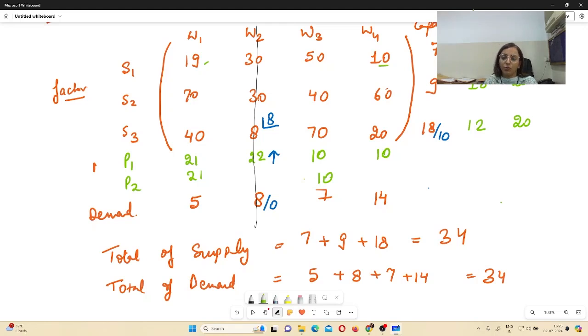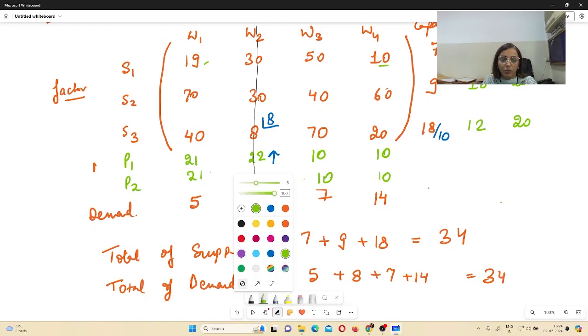Same scenario, we have to find out the maximum one. Now the penalties we have are 9, 20, 20, and this is 10, 10, and from here 21 is the maximum. So on which allocation will we go? 21, because it is the maximum over here. Okay, so we select the unit of 21.